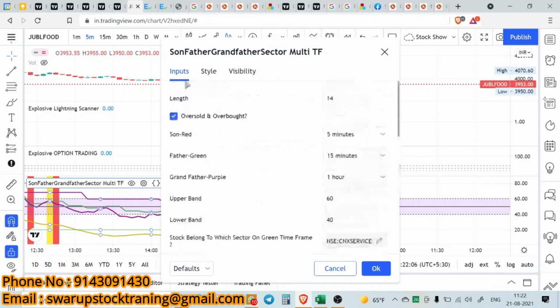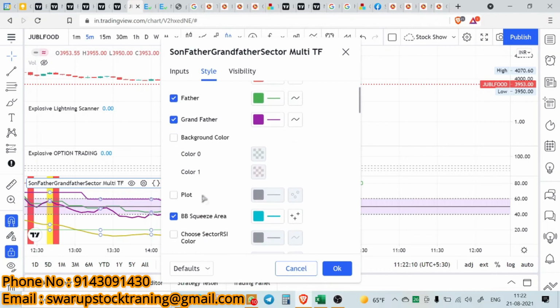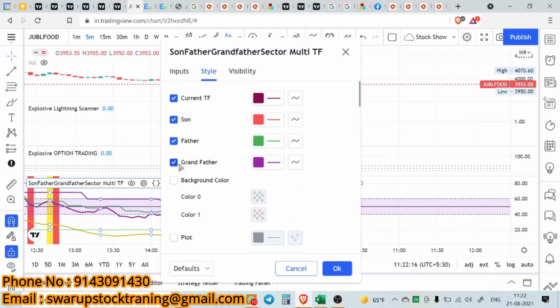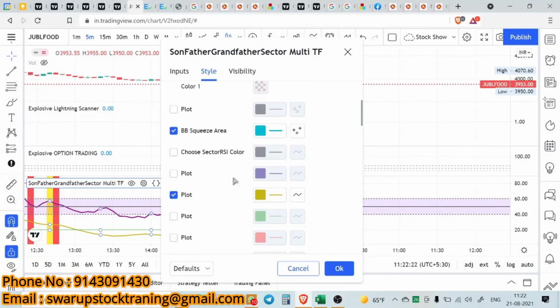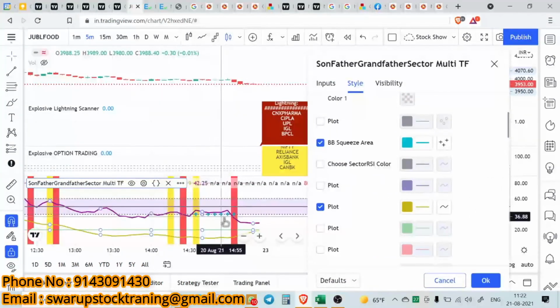You can also switch off many lines here if you want to. If I don't want to see the sector, I can switch off the sector line here. In the grandfather line, you can switch off. Father line, you can switch off. You have an ADX line here, which you can switch off and on. You have a Bollinger Band squeeze, which is these small dotted lines.